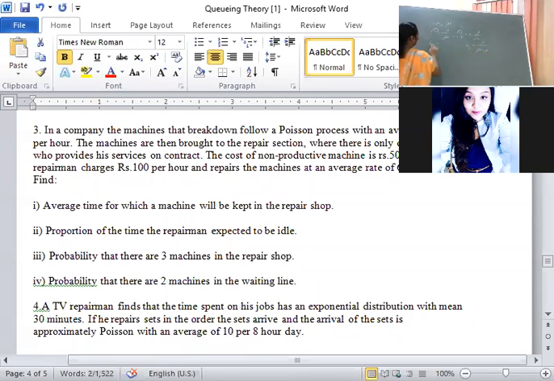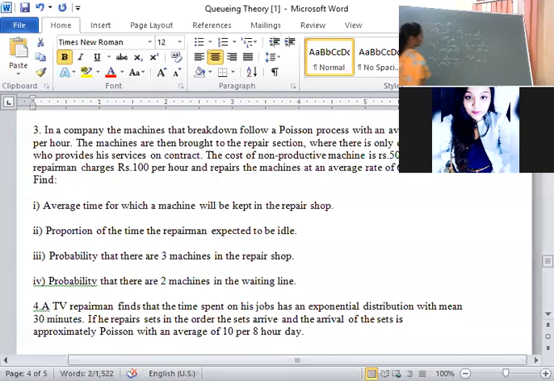Length of the queue, LQ, the average number of customers waiting in the queue: what is the formula? Lambda square upon mu into mu minus lambda. Similarly, waiting time in the system, WS, is 1 upon mu minus lambda. Then WQ is lambda by mu into mu minus lambda.